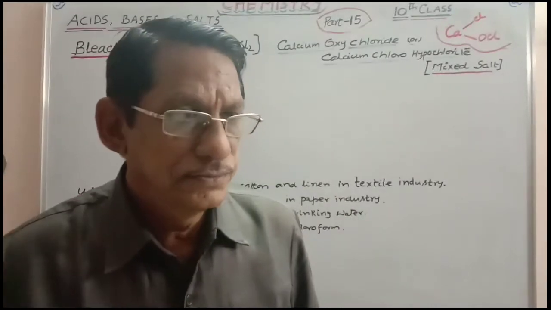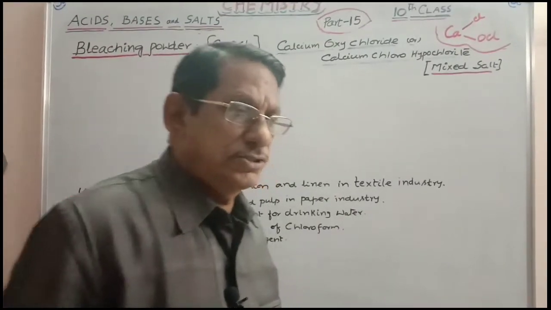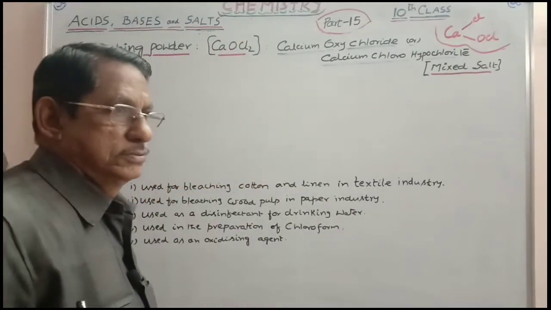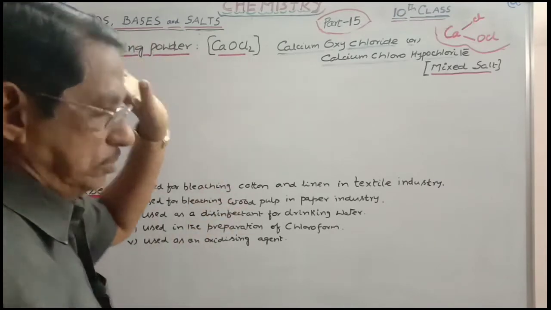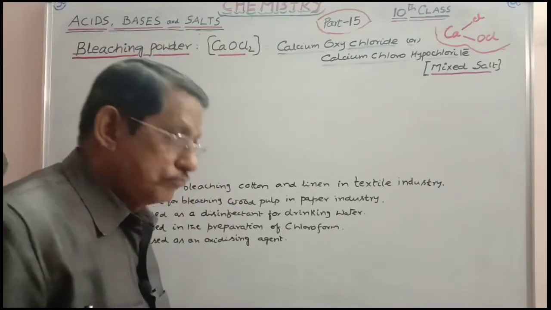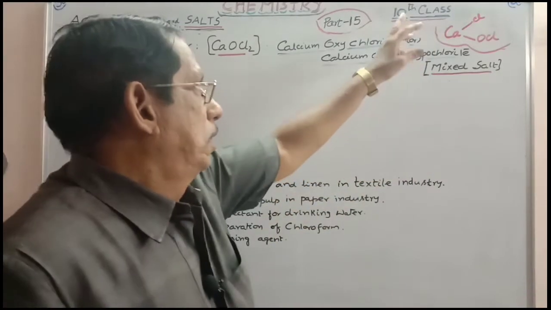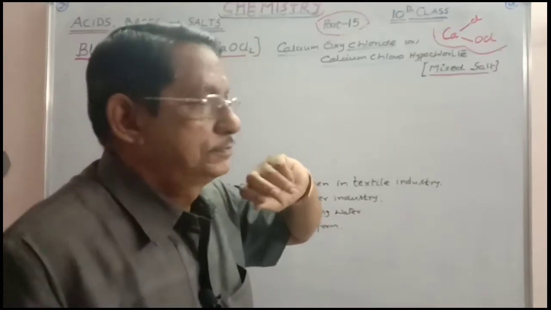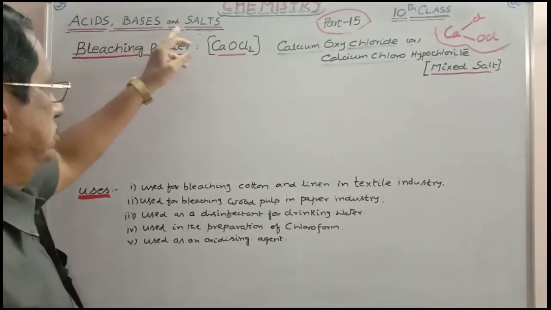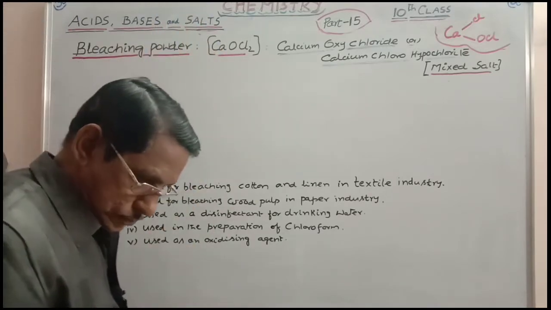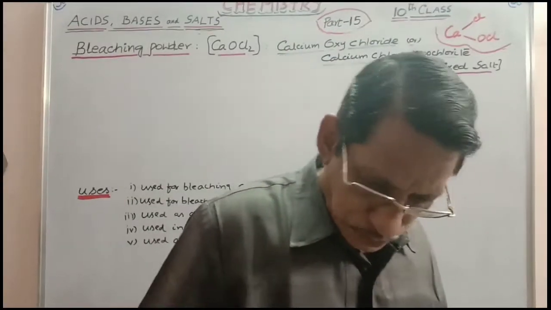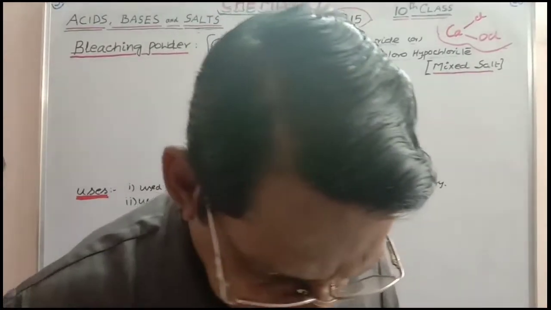In today's lesson, we are going to discuss another compound, namely bleaching powder. This is part 15 of acids, bases and salts. You might be knowing the fact that bleaching powder is used.